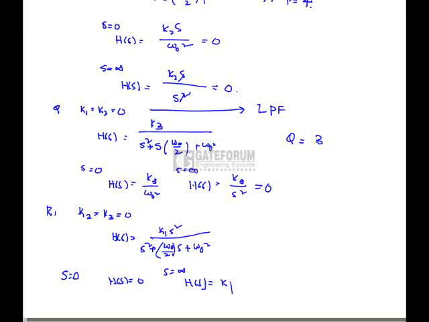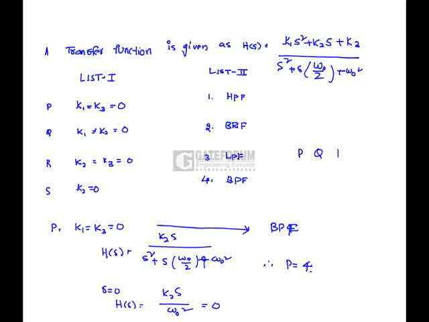So if we check these conditions, R acts as a high pass filter, hence R is 1. The remaining one acts as a band reject filter. So P is band pass filter, Q is low pass filter, R is high pass filter, and the S condition gives a band reject filter. That is P, Q, R, S.